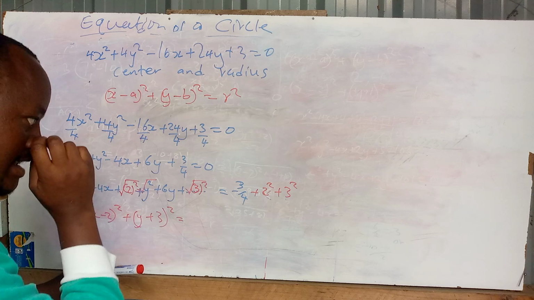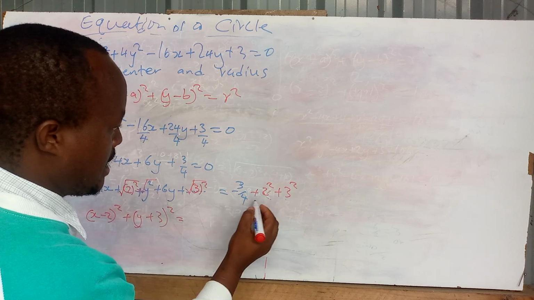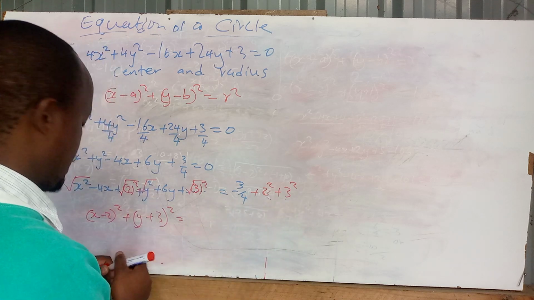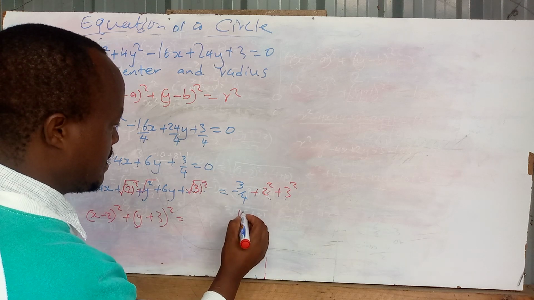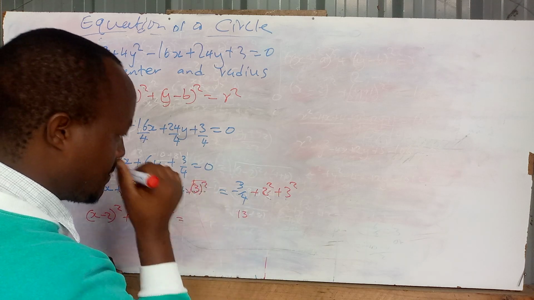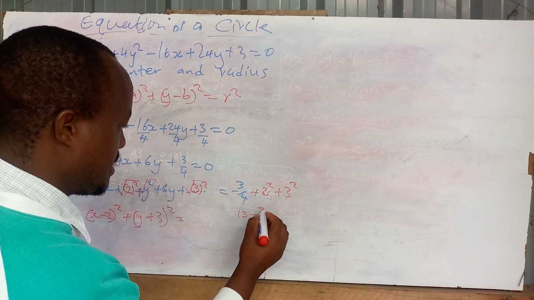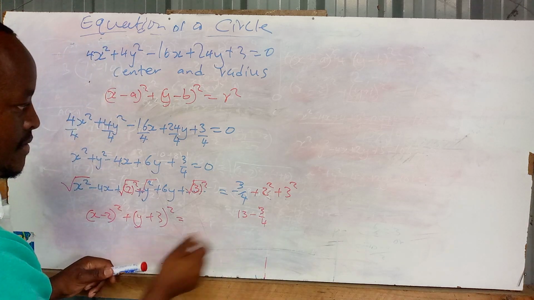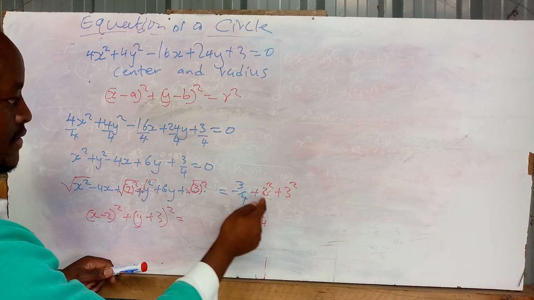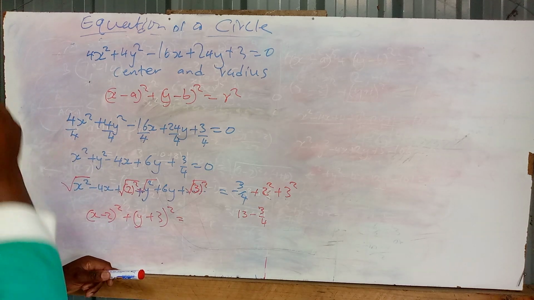Adding everything here, this is 4 plus 9, that is 13, then minus 3 over 4.